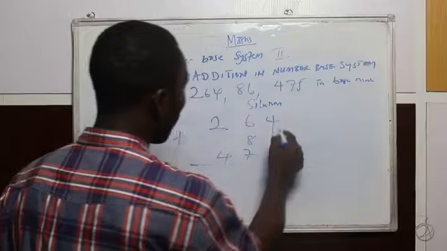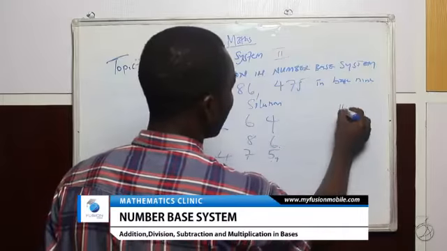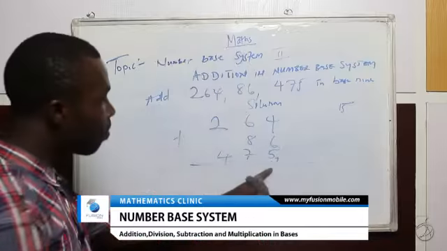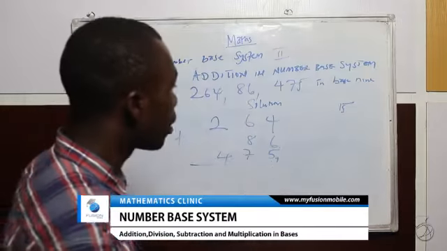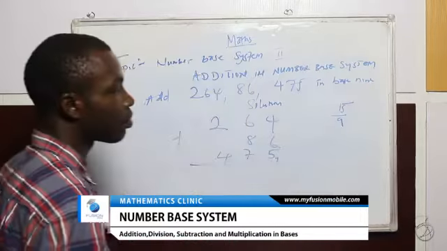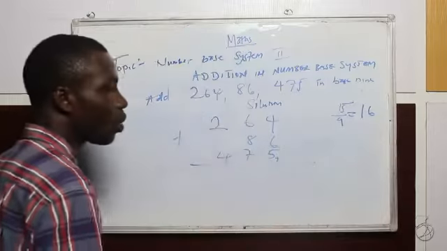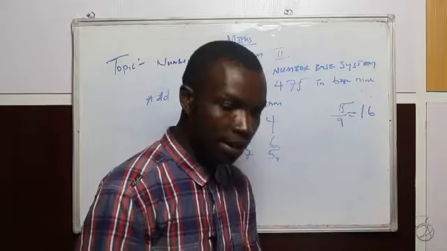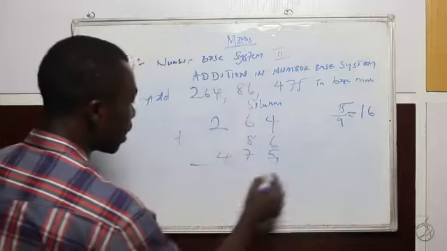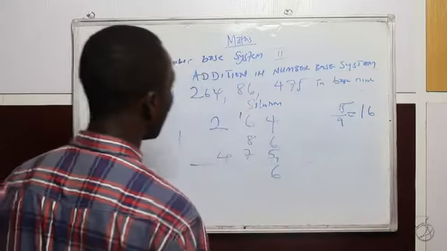So 4 plus 6 plus 5 will give us 15. In base 9, when you get 15, divide 15 by 9, we are going to have 1 remainder 6. What you are going to write is 6. Then you carry 1 here.